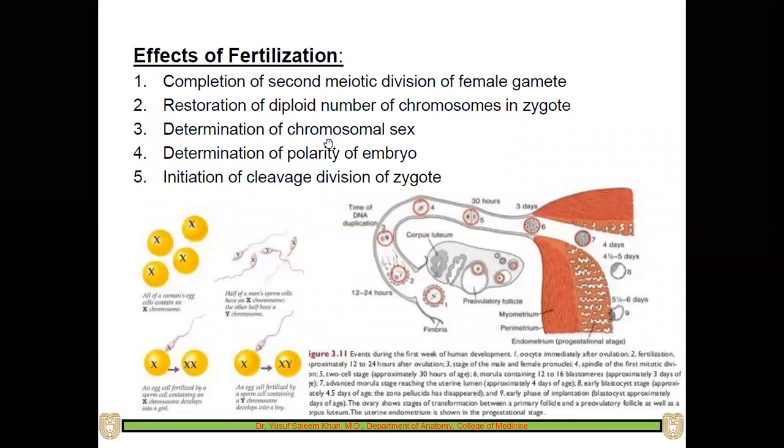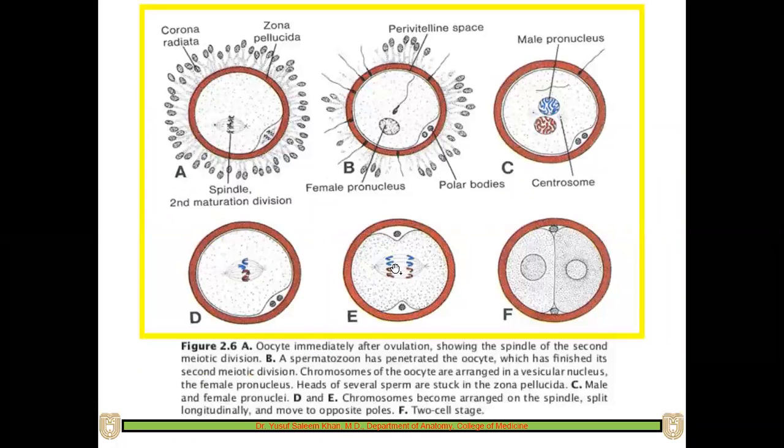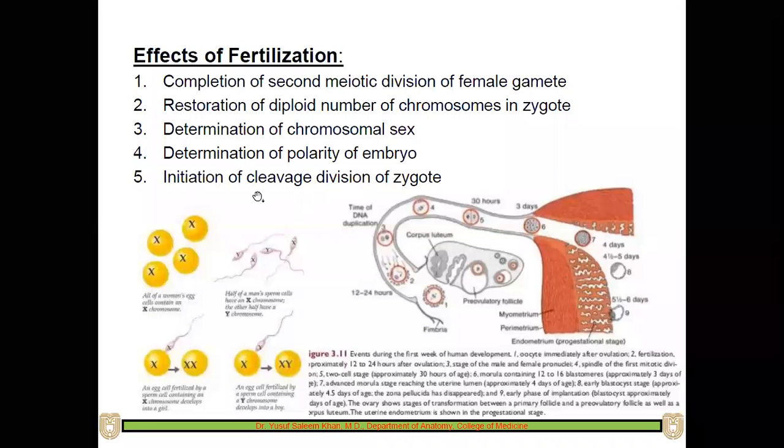Then the determination of polarity of the embryo, which pole will become head and which pole will become tail, is also determined at this stage. Then the initiation of the cleavage division of the zygote. As I said, cleavage means from one cell it becomes two cells, then four cells.